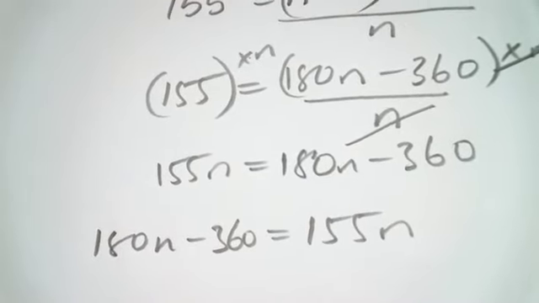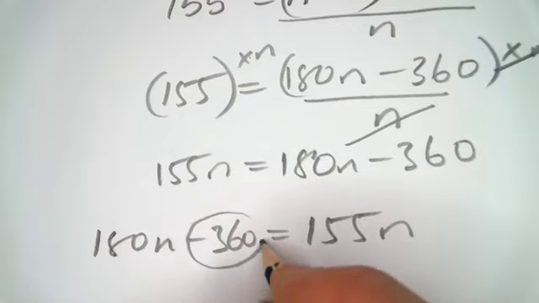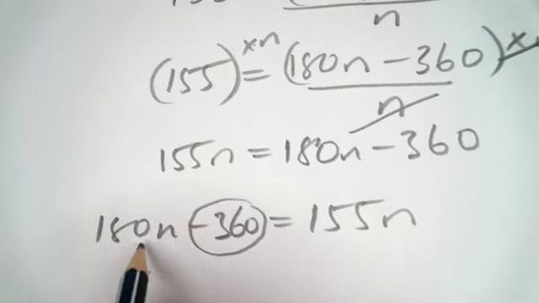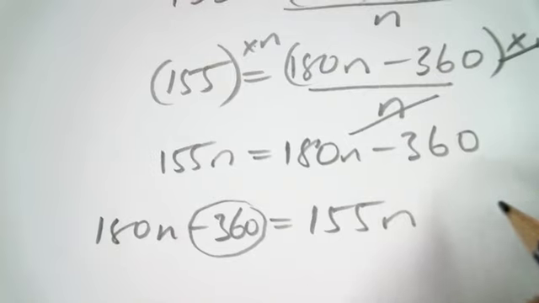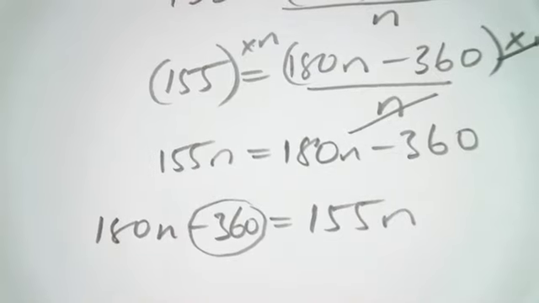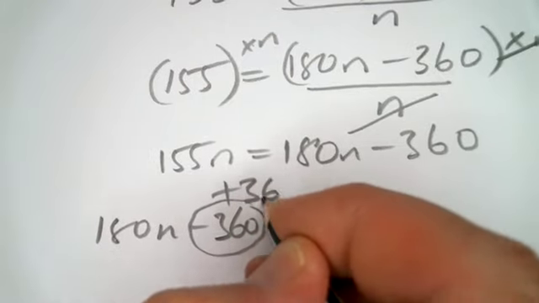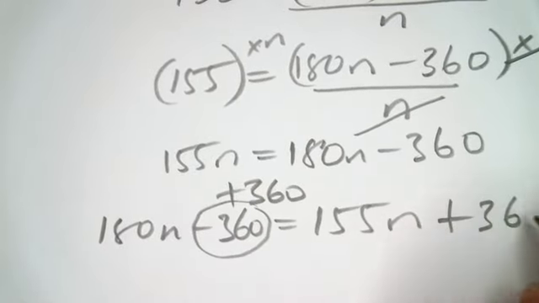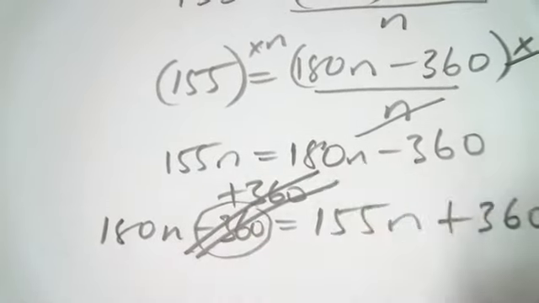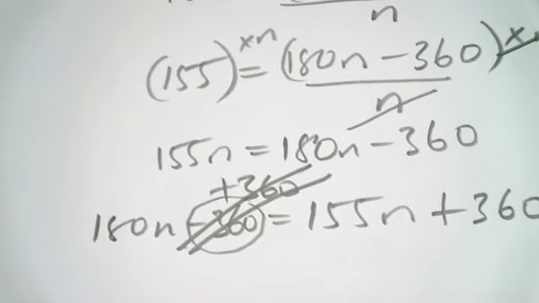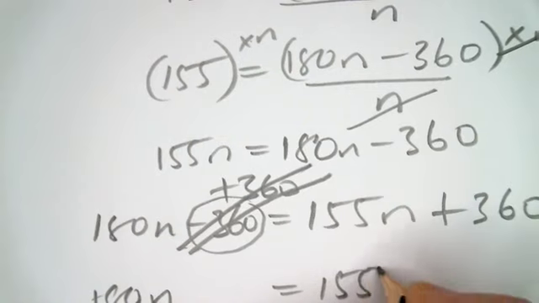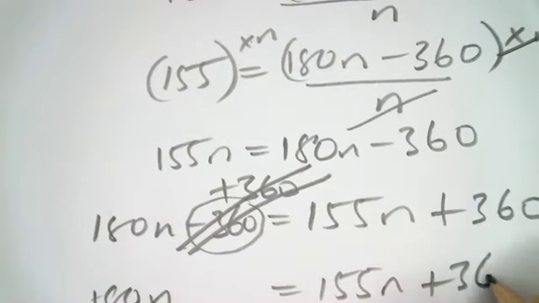Now, I want to get rid of the 360. I want all the unknowns on the left side and all the known things on the right side. So the first thing I'm going to do is get rid of the negative 360 by adding 360 to both sides. 360 and negative 360 is 0, so I'm left with 180n is equal to 155n plus 360.